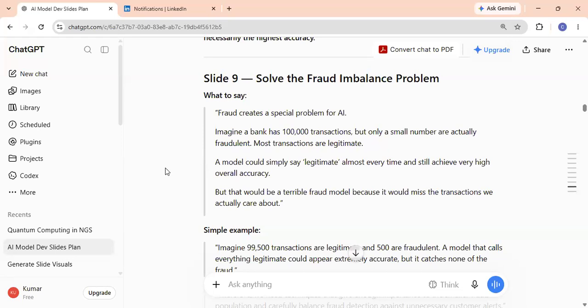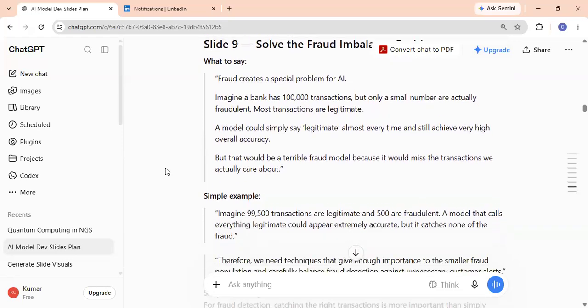It means because there are fewer fraudulent transactions, the model can show high accuracy because of the size and density of the data, right? But that would be a terrible fraud model because it would miss the transactions we actually care about.